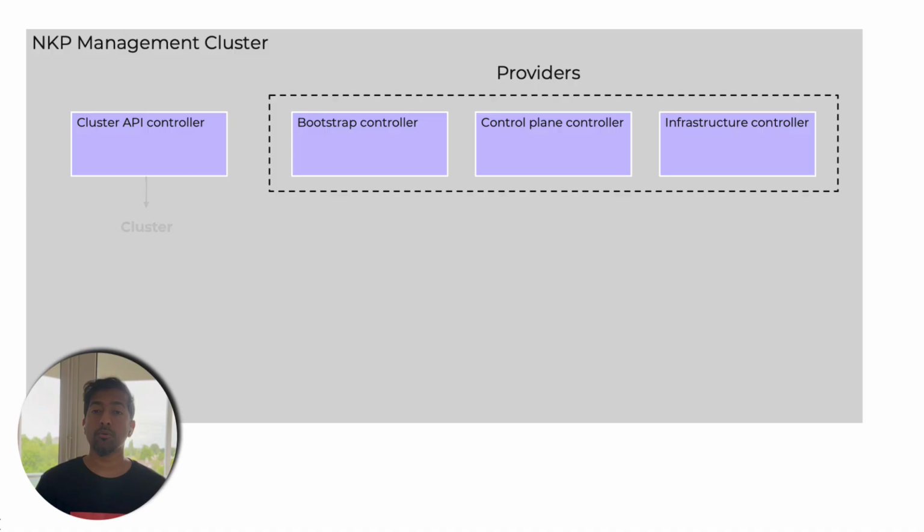The cluster resource is the top level resource, representing the desired state of the Kubernetes cluster. It acts as the anchor for all other resources related to the cluster. A provider-specific resource such as AWS cluster or Nutanix cluster is created that describes the infrastructure-specific configuration for the cluster.